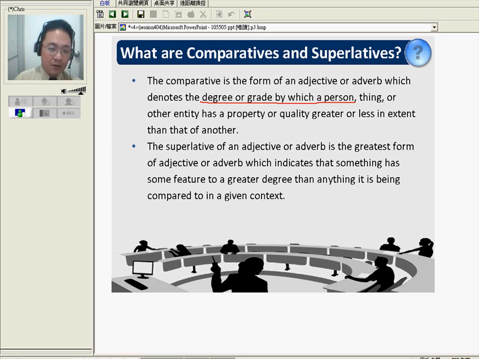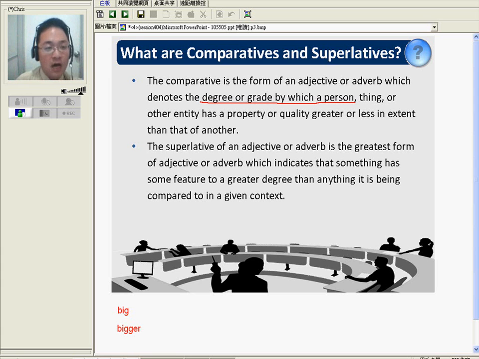Okay? For example, we all know the word big. Okay? Big is an adjective. Now, when we say something is big, we mean it's big. But if we say bigger, we are comparing something to another thing.